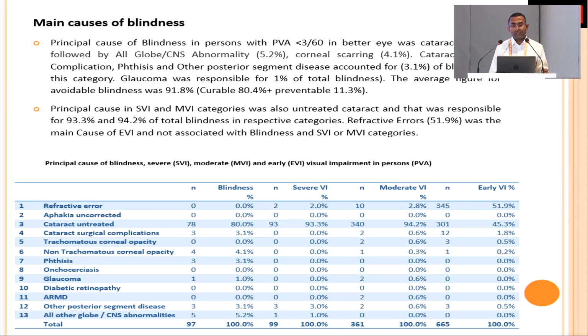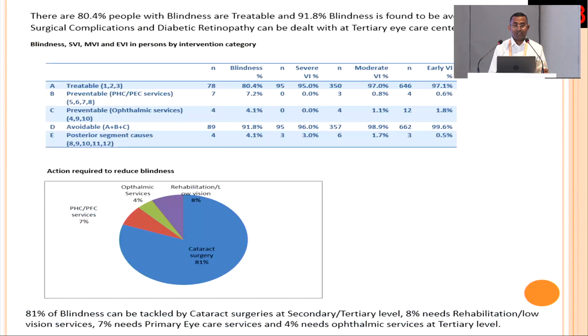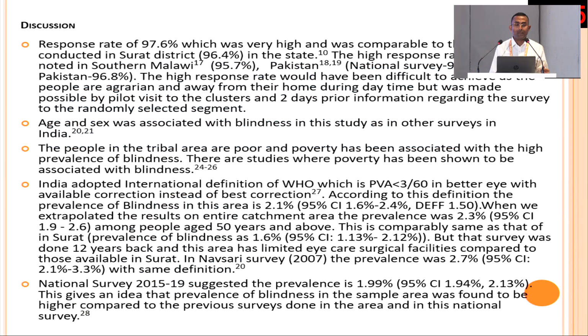The principal cause in severe visual impairment and MVI categories was also untreated cataract, and that was responsible for 93.3%. As we know, the treatable causes of blindness were 80%. So if we take intervention, we can easily control that part of blindness.